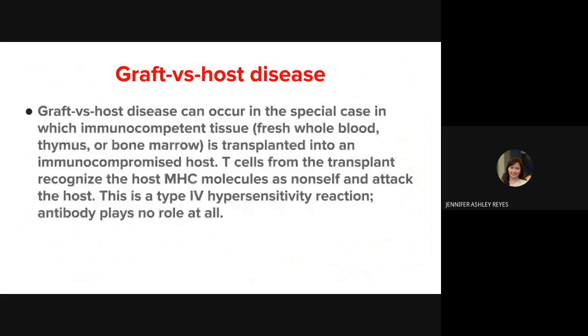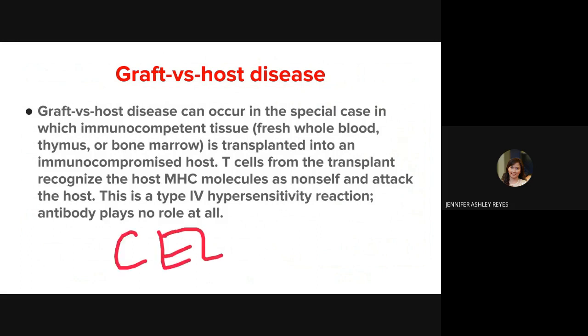And acute graft versus host reaction can occur within days to weeks after allogeneic bone marrow transplantation. So ano ang manifestations? Pwedeng generalized rash, can lead to desquamation and destruction of several gastrointestinal organs. So this is a type 4 hypersensitivity reaction.